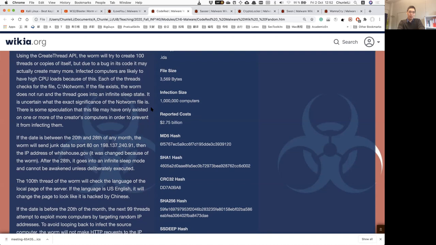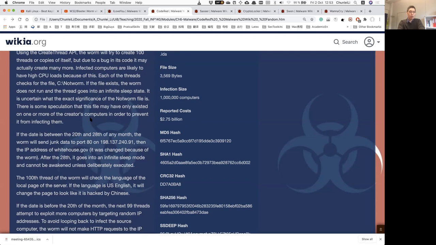It's uncertain what the exact significance or intention of this notworm file is, but there's some suspicion that this file may have existed only on one or a few of the creators' computers in order to prevent themselves being infected.